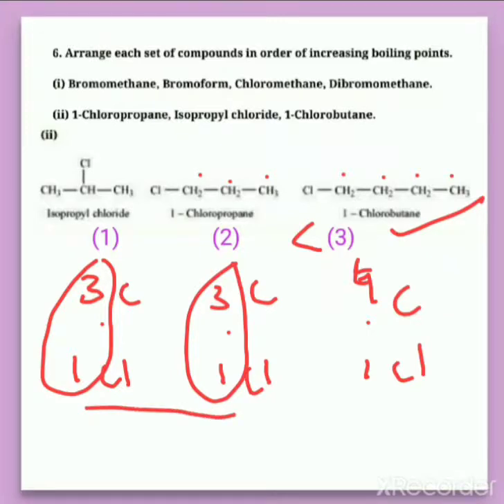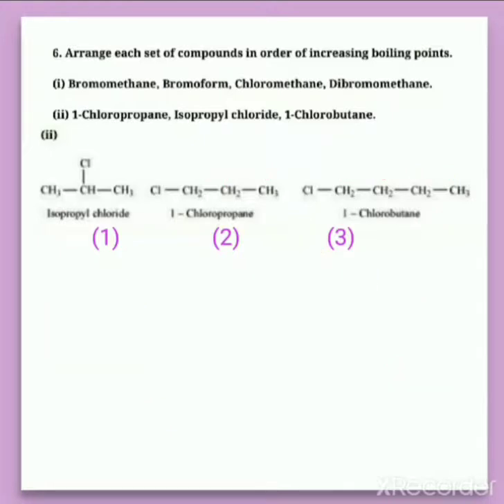At that time, we need to find out whether any branching is there. When we look at the branching, there is branching in the case of the first structure, because the second structure is an unbranched straight chain, but the first structure is branched. So we can say that as branching increases, boiling point decreases. When you compare the first and second, they have the same mass, so we need to check the branching. Branching is greater in the first one, so the boiling point of the first is lower than the second.